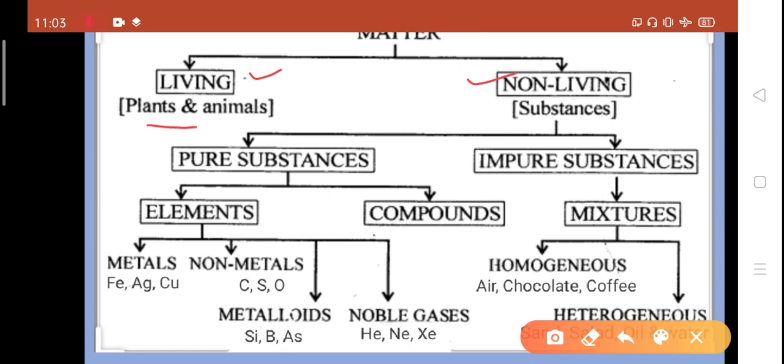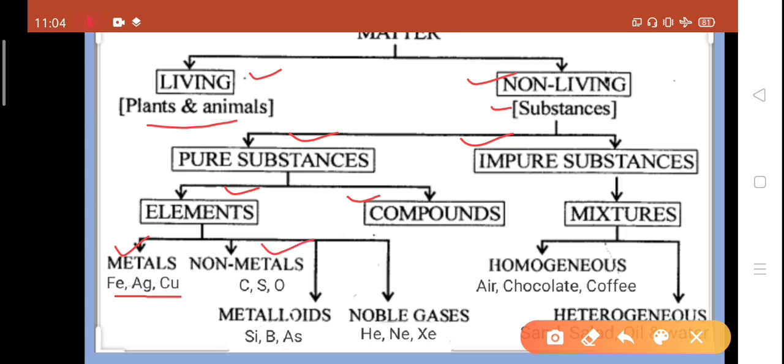The living part deals with plants and animals, and the non-living part deals with the substances which include pure substances and impure substances. The pure substance is again divided into two parts, elements and compounds. Elements is further divided into metals, example iron, silver, copper.